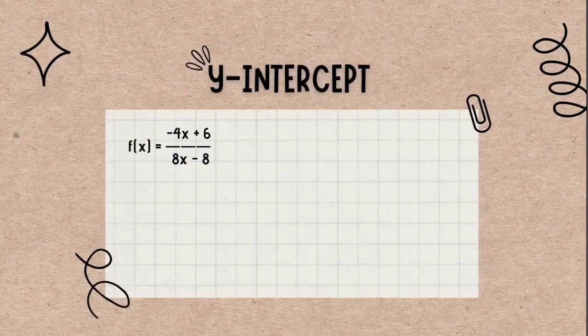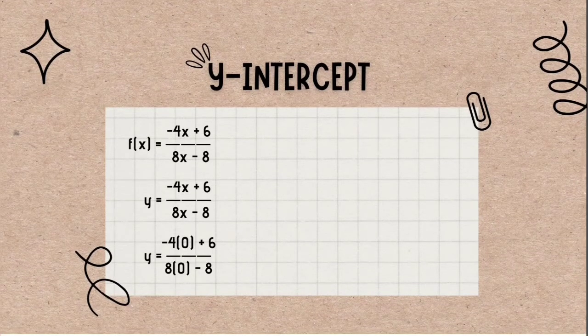Ayan. So, let's solve the second example. F of x equals negative 4x plus 6 over 8x minus 8. So, gawin natin y ang x at gawin natin 0 ang x. Yan. So, ita-times na natin muna sa 0, but automatically 0 na rin siya.